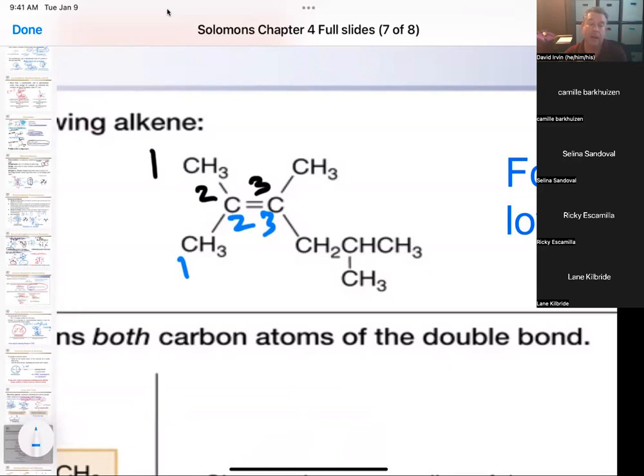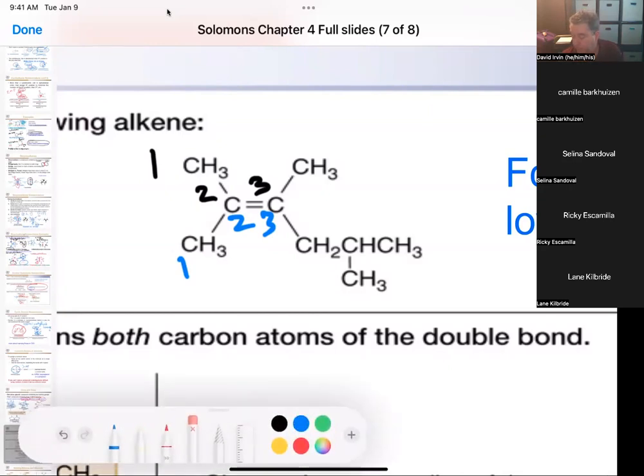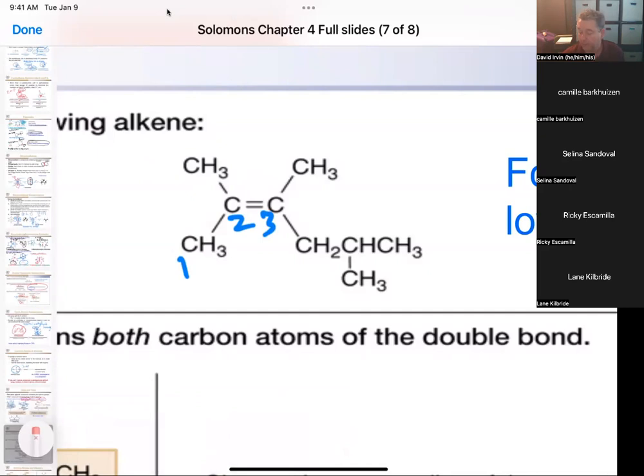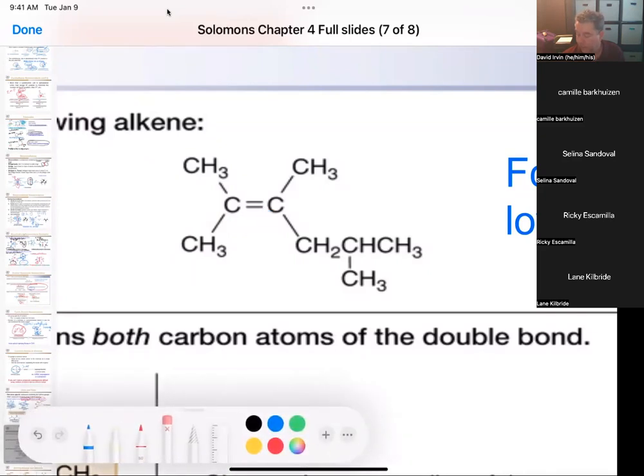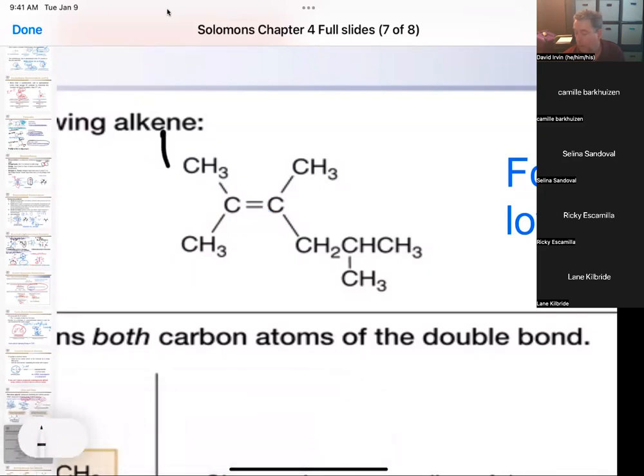We always want to have the double bond have the lowest number possible. So in this case here, we're going to go ahead and erase those and go 1, 2, 3, 4, 5, 6.